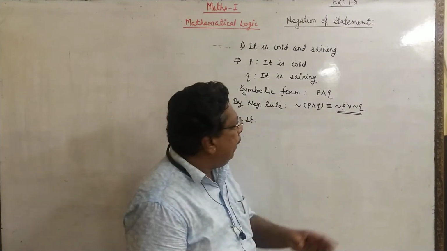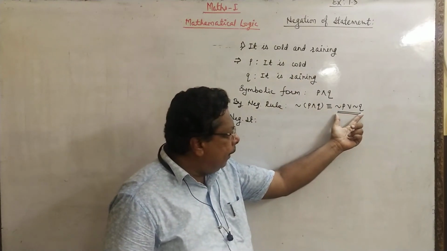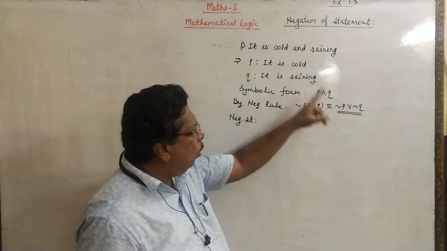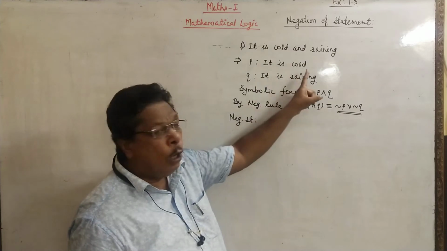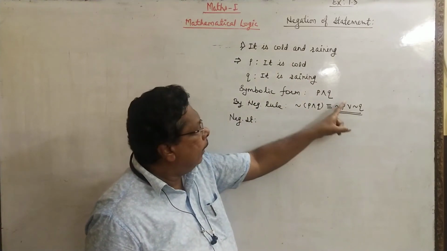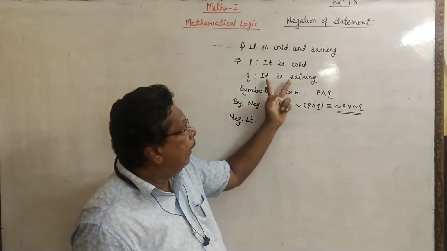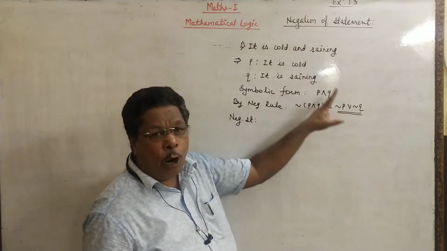Okay, what is the statement P? It is cold. We have to write the statement from this negation P or negation Q. P is it is cold. What is negation P? Negation P is it is not cold. Connective is or. Here is negation Q. What is Q? It is raining. It means negation Q is it is not raining.